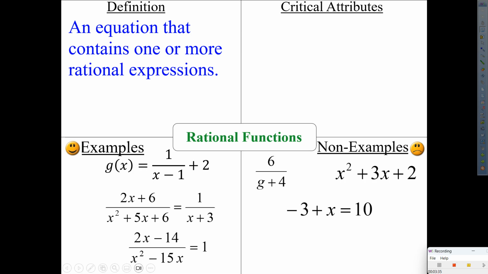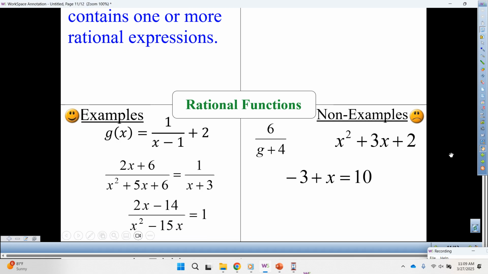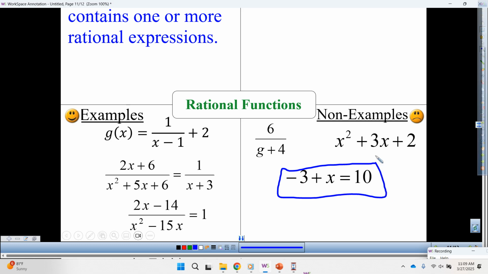6 over g plus 4. Then on the right, we have x squared plus 3x plus 2. And then down here we have negative 3 plus x equals 10. All right. So before we move on, tell your neighbor why this one is not a rational function. Talk to your neighbor.